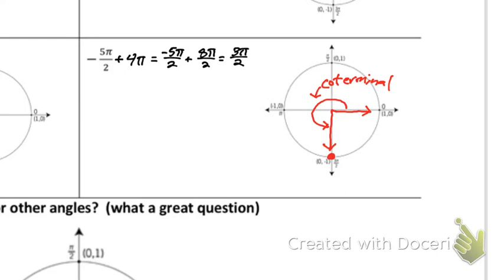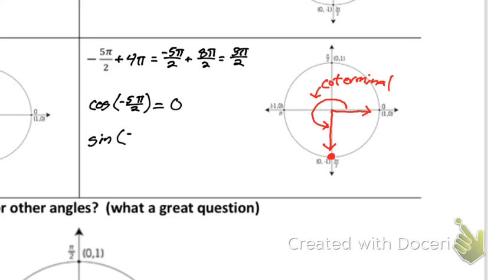They just end in the same place. It's a subtle difference on tests: don't give me a coterminal angle as your answer. Give me that right angle as your answer. All right, so that looks like it's pointing straight down to that point 0, negative 1. So that means the cosine of negative 5 pi over 2 is the same thing as the cosine of 3 pi over 2, which is going to equal 0.